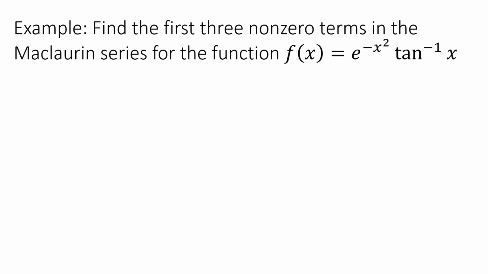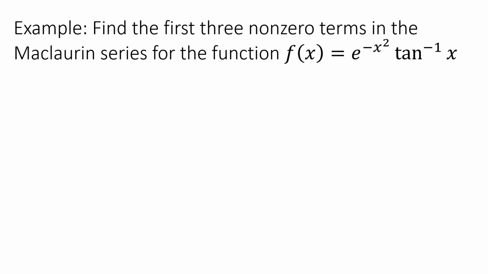So let's have another example. Find the first three non-zero terms in the Maclaurin series for the function f of x is equal to e raised to negative x squared times the arctangent x.